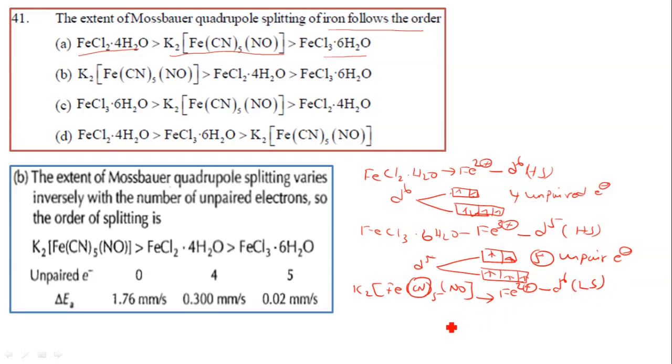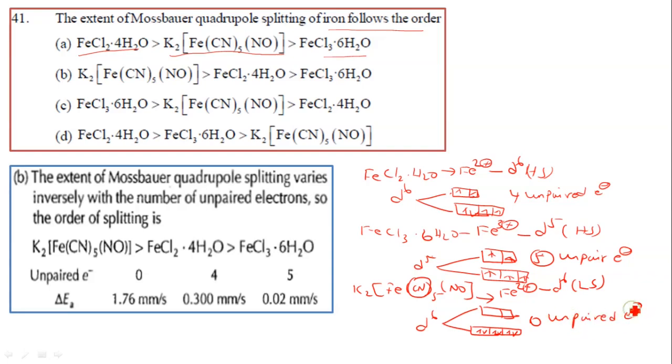Hence you will get the splitting for low spin as 1, 2, 3, 4, 5, 6. All the electrons are paired and there is 0 unpaired electron.